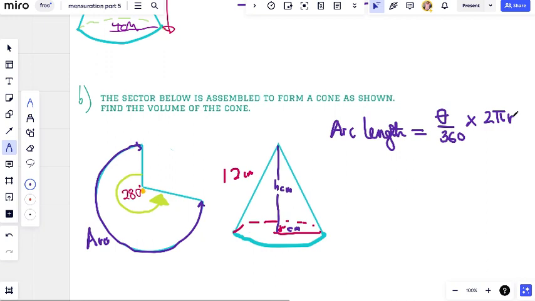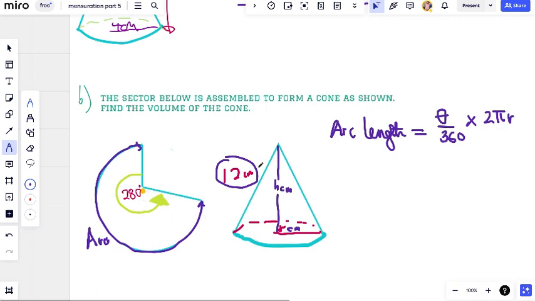So from here, we have the sector. In the sector, the slant height of the cone will be the radius in this case. This 12 centimeter will be our radius of the arc.